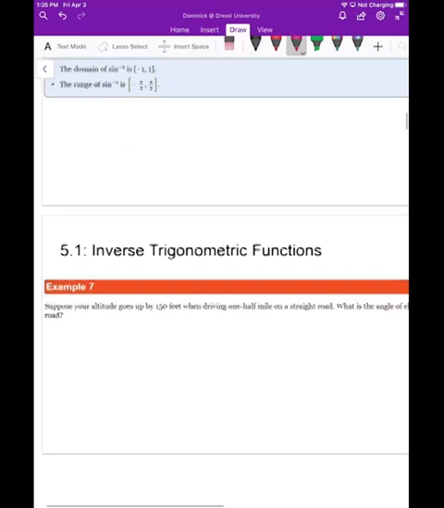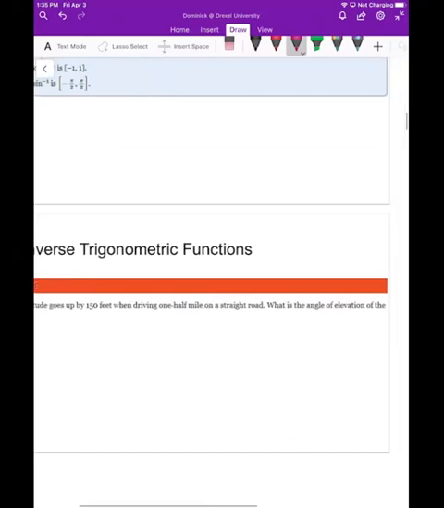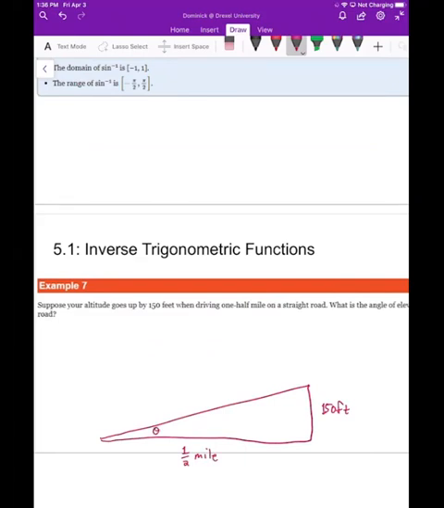Okay, so another application type problem. We're going to suppose that our altitude goes up by 150 feet while driving 1/2 of a mile on a straight road. We want to know what is the angle of elevation. So what's happening is that we have, and here they're setting us up with a trick, right? Because this is 150 feet, but this is 1/2 of a mile, and we need to find this angle. But we need to make a decision, because our units are different.